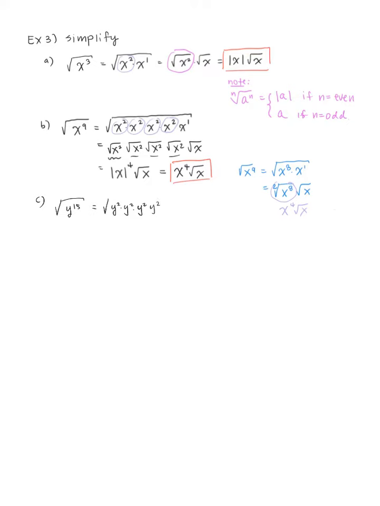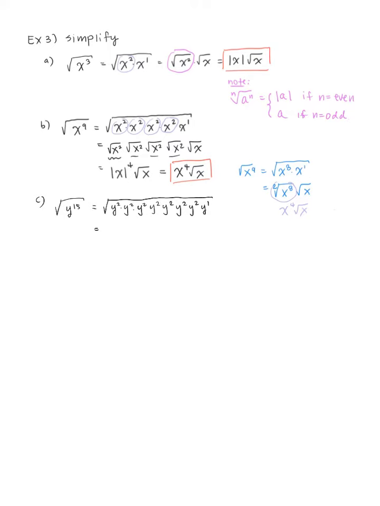How many y's do we have? 2, 4, 6, 8, 10, 12, 14, and 15. So you're going to have that. That looks nasty, doesn't it? But you can do it this way if you like. But let me just try to do this in a different way.